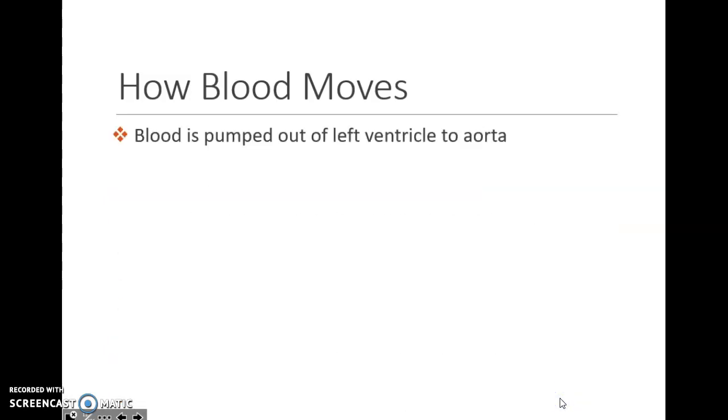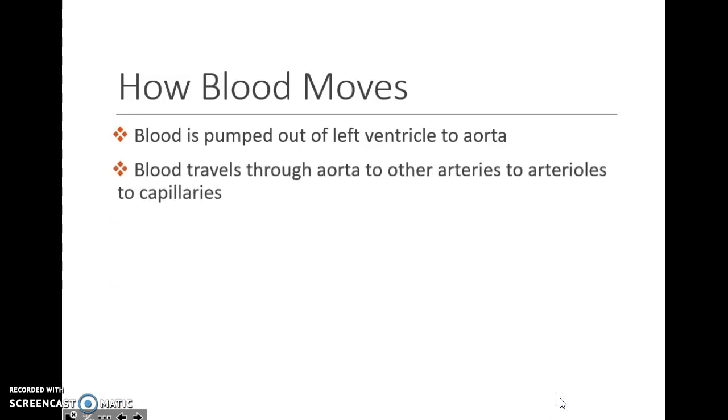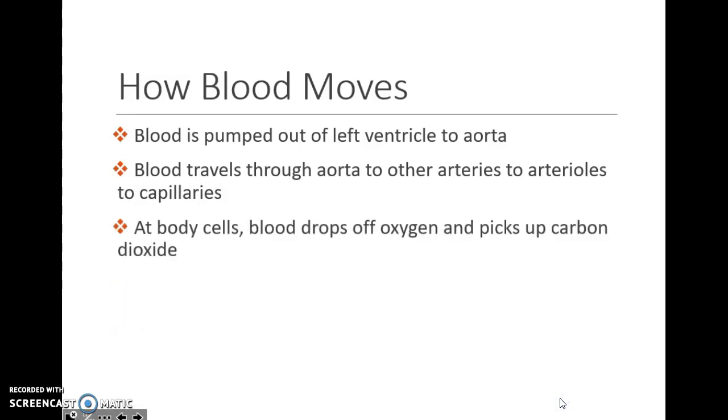From the left ventricle, the blood is pumped out of the left ventricle to the aorta, which is the biggest artery in your body. The blood travels through the aorta to other arteries, to small arteries that we call arterioles, to even smaller blood vessels we call capillaries. And at the body cells, the blood drops off oxygen and picks up carbon dioxide.